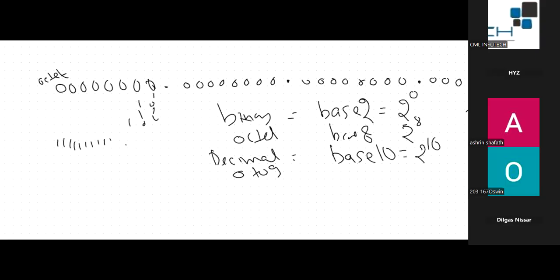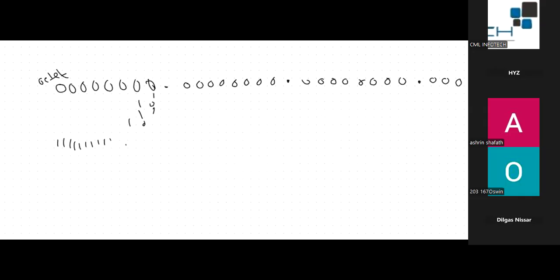Now we're talking about the 0 or 1 combination, which is base 2. That's why we always say 2 raised to 0. So here we have 8 values, and each X could be 0 or 1.